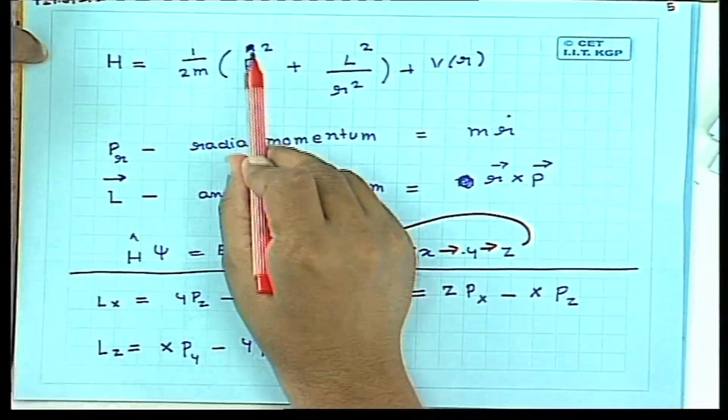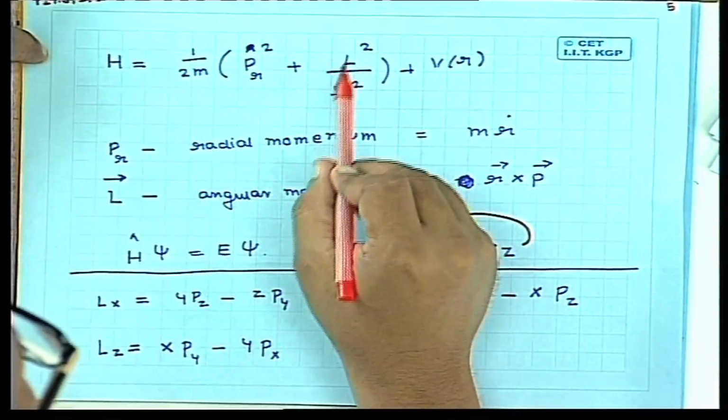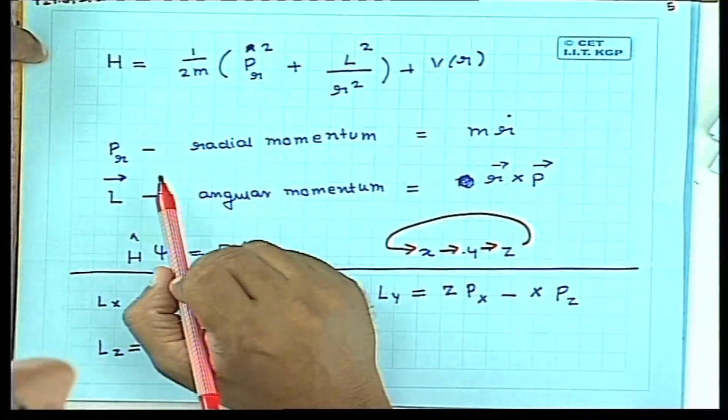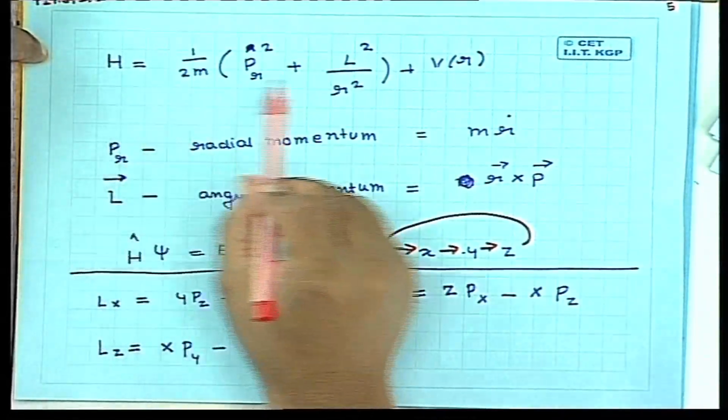So, I have already told you that the classical Hamiltonian for any particle in a three-dimensional potential in spherical coordinates can be written as 1 by 2m the radial momentum squared plus the angular momentum squared by r squared plus the potential. This is the classical Hamiltonian.